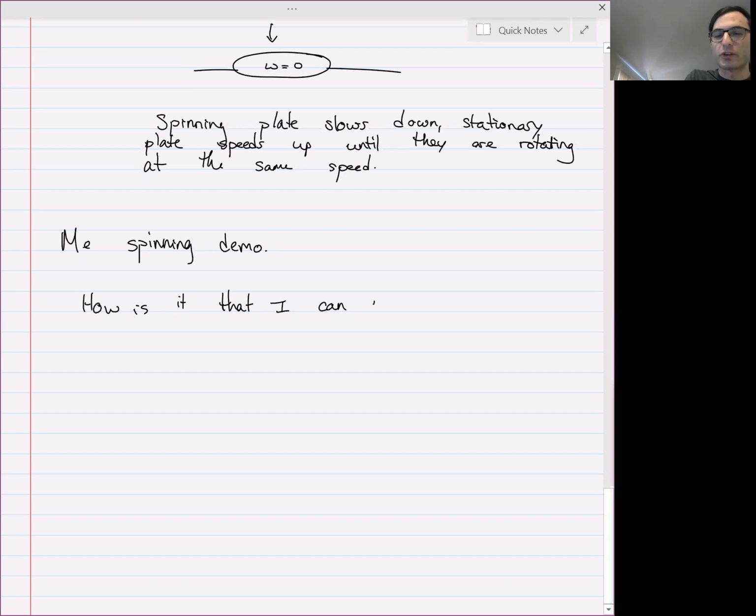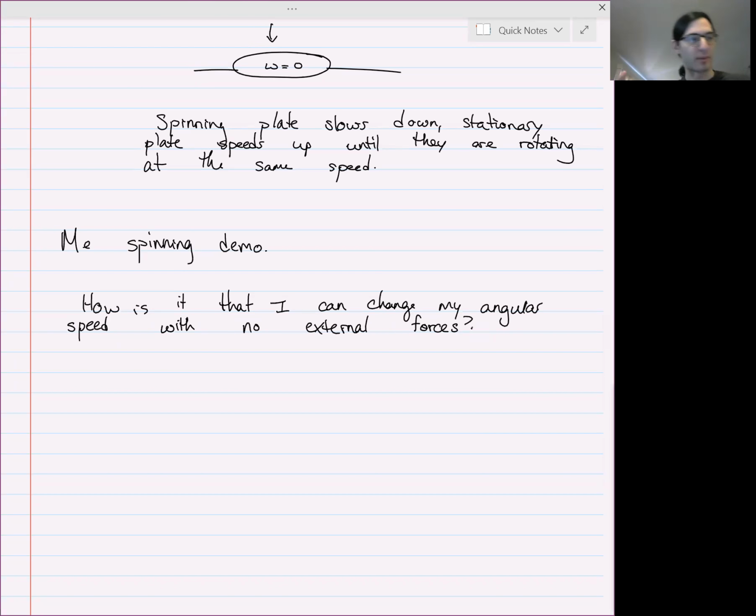I can change my angular speed. That's the strange thing here. It's kind of intuitively weird.